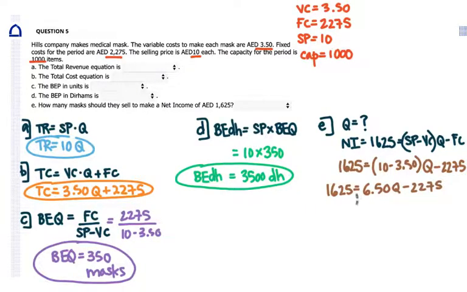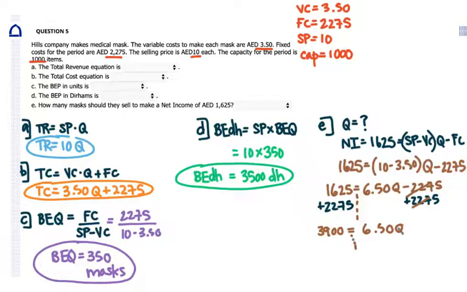Then I'm trying to isolate the Q. So I will add 2275 to both sides. Okay. And we will get 3,900 on the left equals 6.50Q on the right.